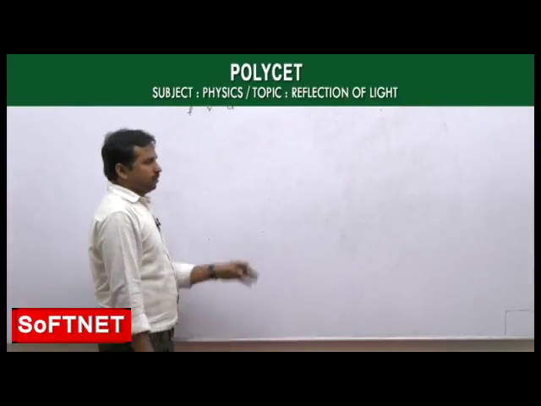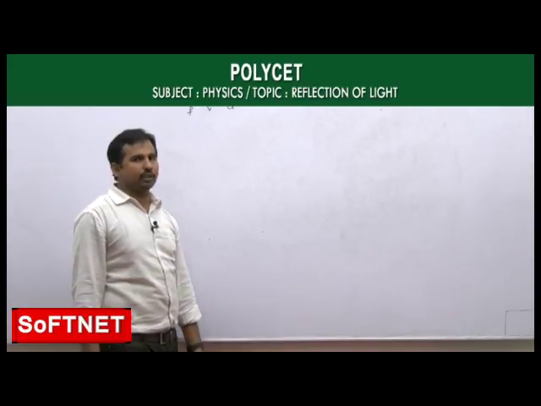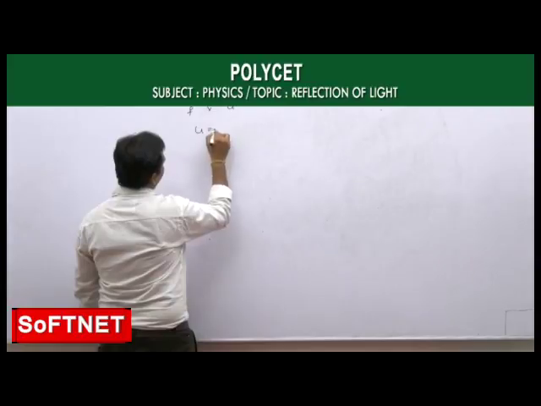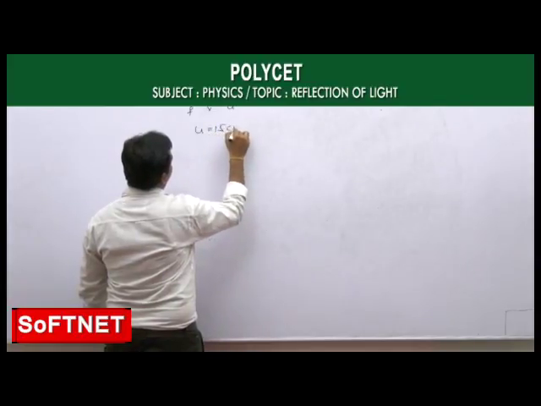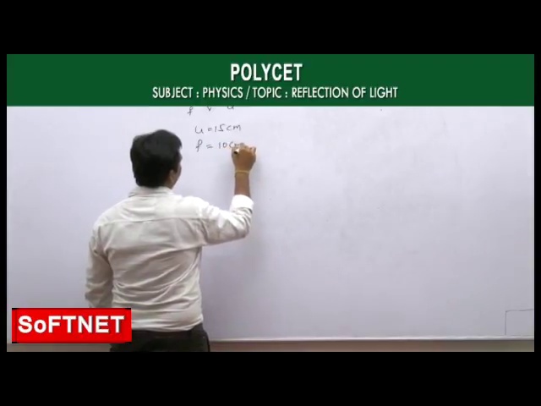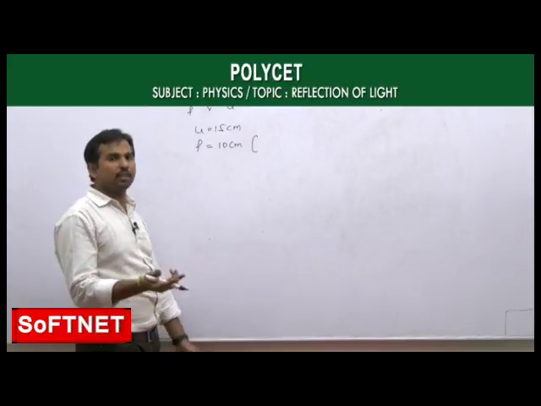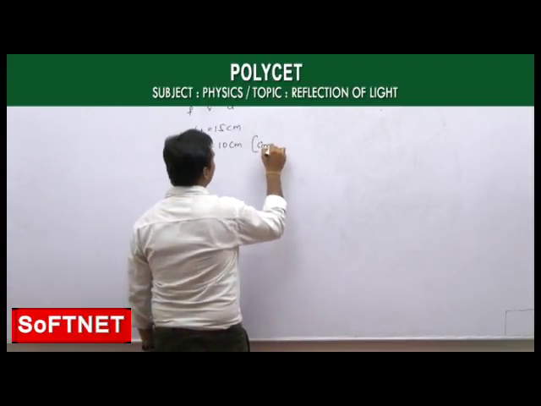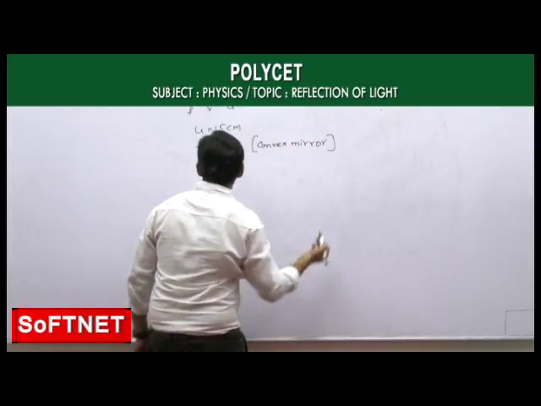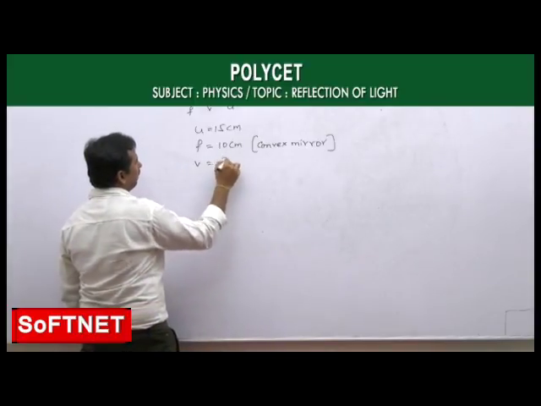Now, just like the concave mirror, we will check this mirror formula for the case of a convex mirror. Take the same positions: the object is placed at 15 centimeters before a convex mirror having focal length of 10 centimeters. Same problem, but this time we replace the concave mirror with a convex mirror. Then u is 15, focal length is 10 centimeters, and we need the image distance.